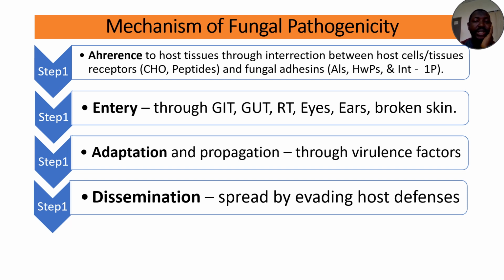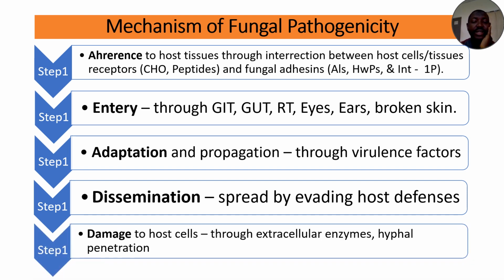Now, after dissemination, the next step is damage to the host cells. Once the fungi disseminate to reach the target organ, it will now begin to cause damage or disease in the affected area. And this is generally achieved after colonization and dissemination to a particular locus in the body.